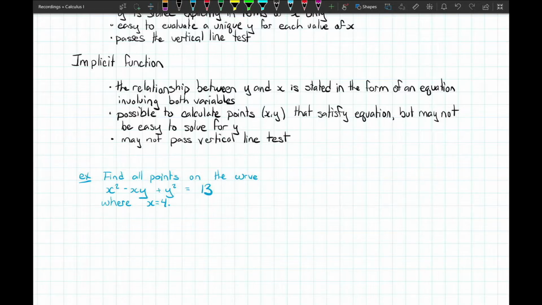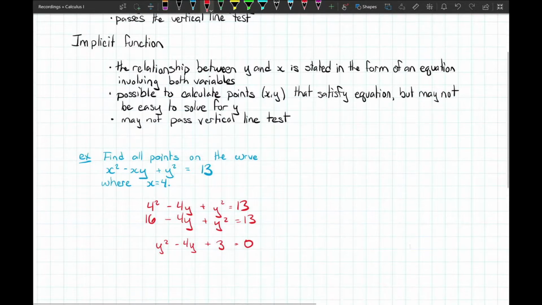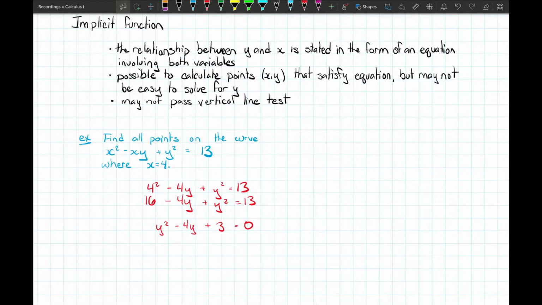So let's take a look here. When x equals 4, we can plug that in and find a couple of coordinates. Plugging in x equals 4, we collect like terms. If we write this in the form of a quadratic with y squared, y, and a constant, then hopefully we can factor. Because of that, we have two solutions, y equals 1 and y equals 3.